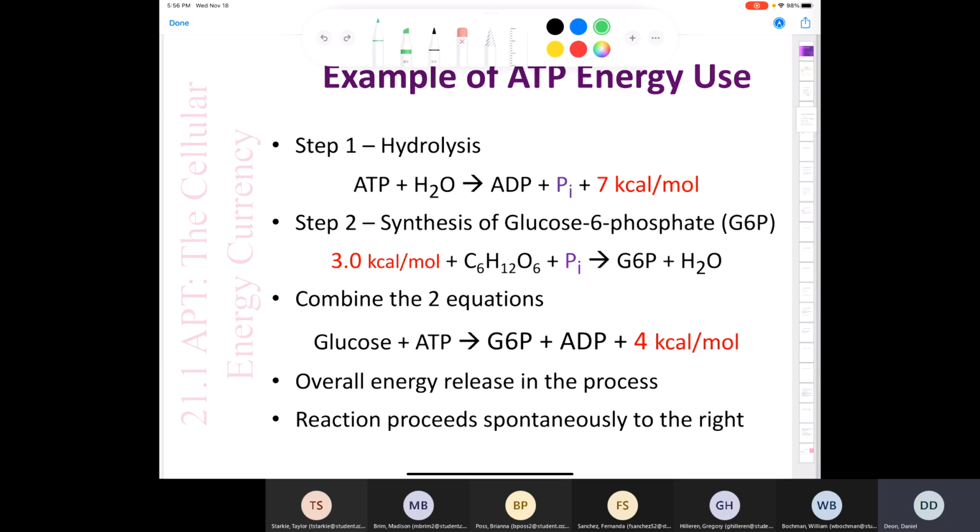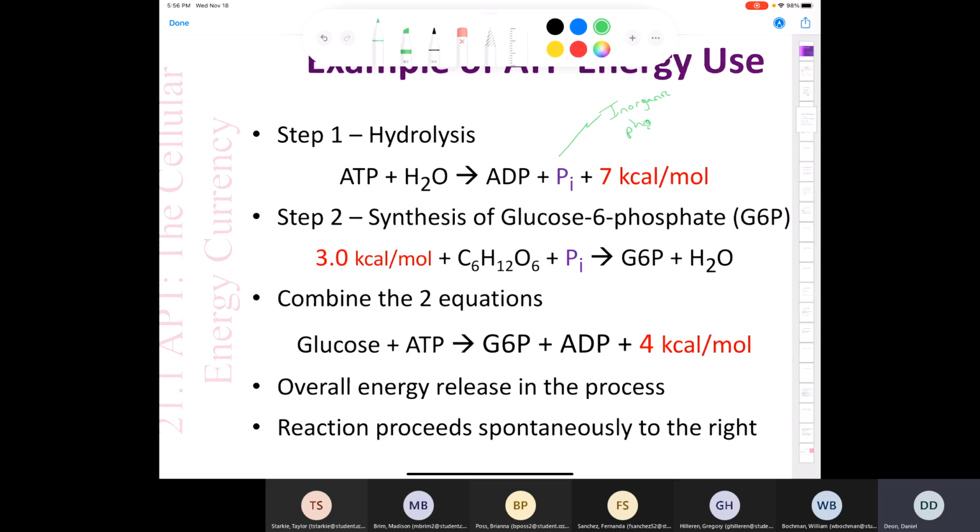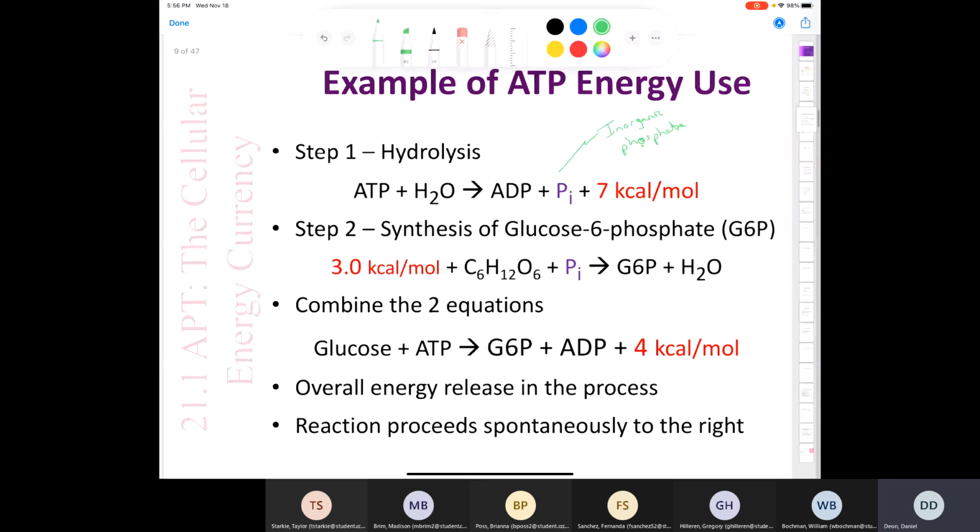I wouldn't expect you to know what that is off the top of your head, but this is what we call an inorganic phosphate. It's inorganic because it doesn't possess carbon. So basically, it's the phosphate group that's going to end up on the glucose molecule, kind of hanging out by itself. So when you hydrolyze, not only do you get the inorganic phosphate, but you also release energy, right? You release 7 kilocalories per mole. So this is energy released.